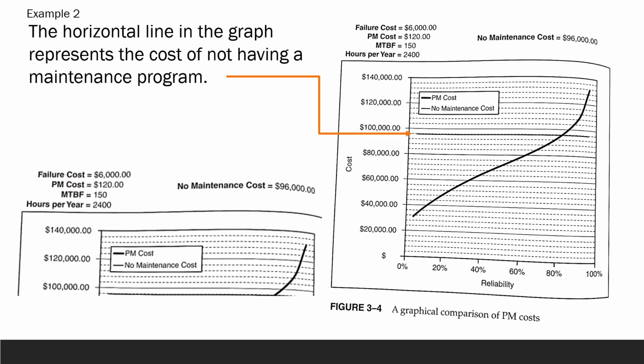In this system, the mean time between failures is 150 hours, and we run this system 2,400 hours per year. Year means 12 months. And this system running without maintenance costs $96,000 in a year.